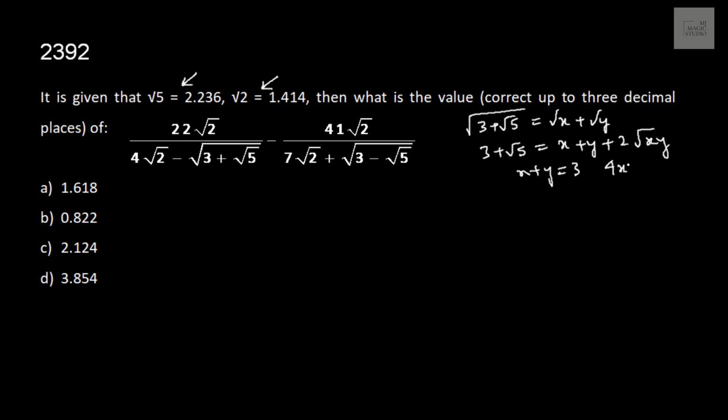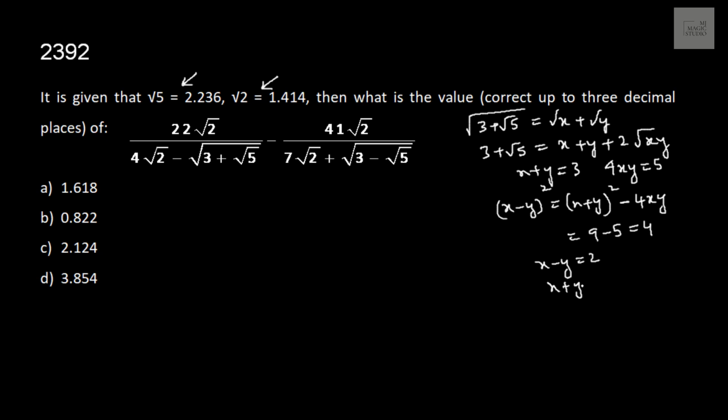That means I can say 4xy is equal to 5. Now let me find the value of x minus y whole square. That is x plus y whole square minus 4xy. That is 9 minus 5, 4. Now I have x minus y is 2 and x plus y is 3. On solving this, we get x equals 5 by 2 and y equals half.